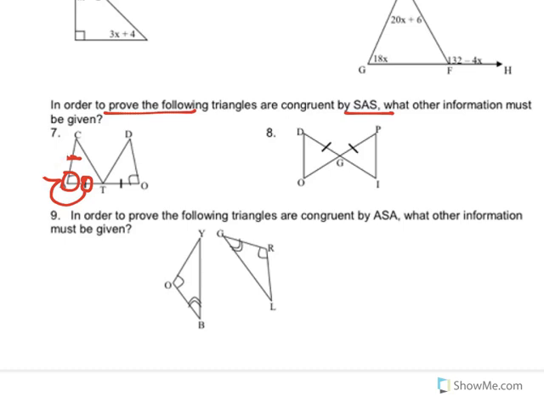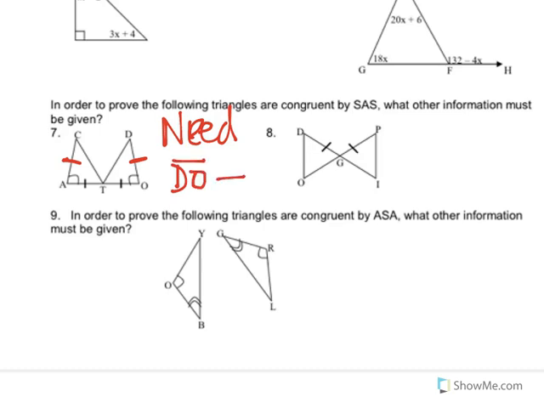Note, if you said this side right here, we would have angle, side, side, and we know that's a bad thing. Angle, side, side, not going to work. So you want to use this one and this one. So you would need the information that line segment DO is congruent to line segment CA to be able to prove side, angle, side.